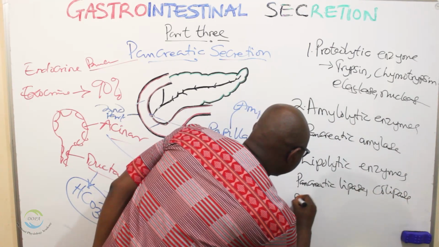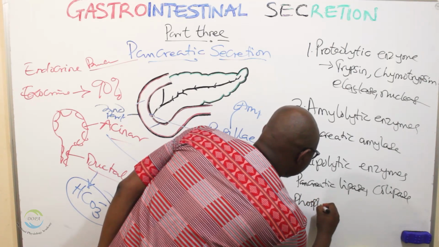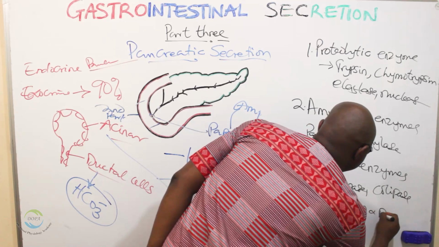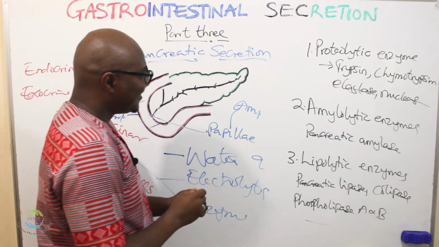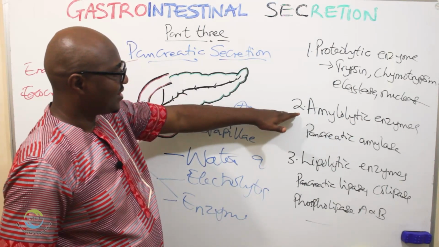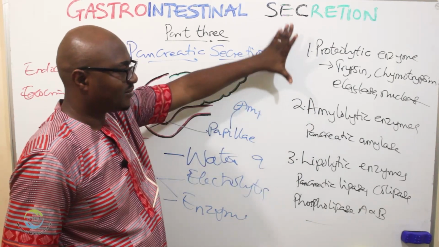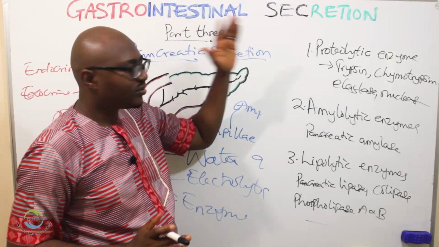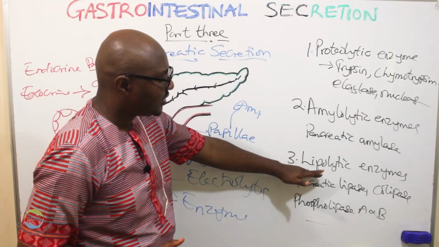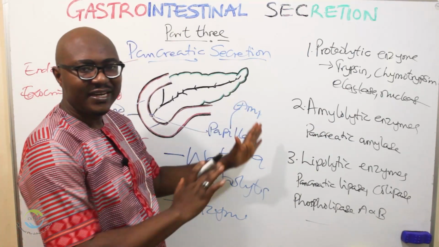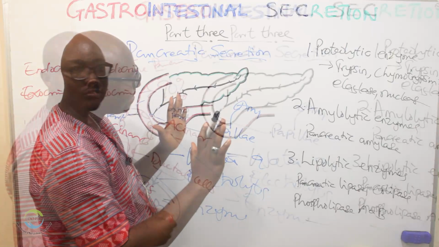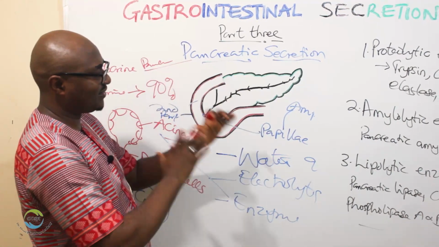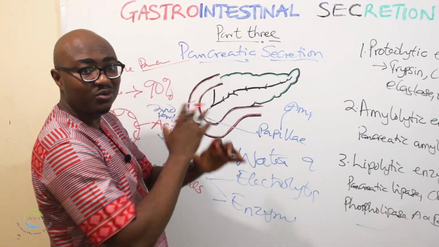There's another one called phospholipase A and B. Okay? So these are 3 major groups of enzymes, and of course, the function is very clear: digestion of protein, digestion of carbohydrate, digestion of lipids, fats. So these are all the enzymes. Very elaborate, so many enzymes doing so many jobs.